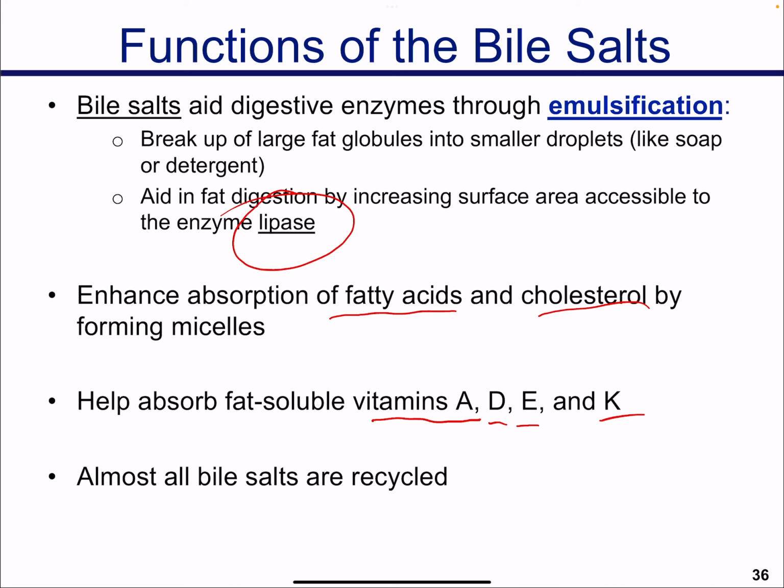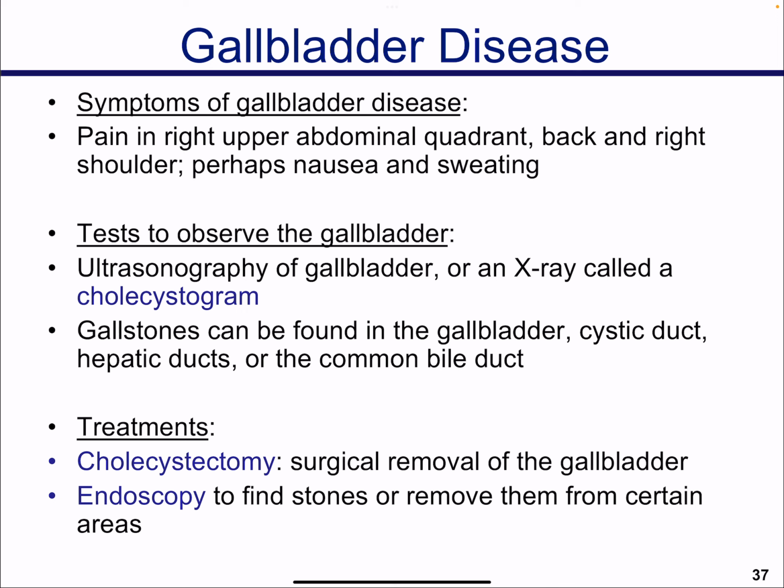The good news is that almost all bile salts are recycled, which allows the body to not have to synthesize bile salt all the time. So that is relatively good news.